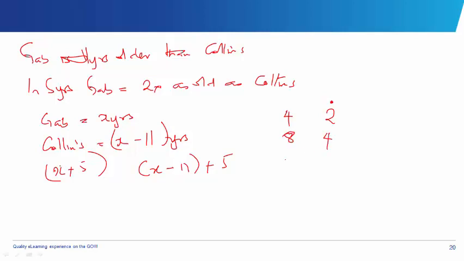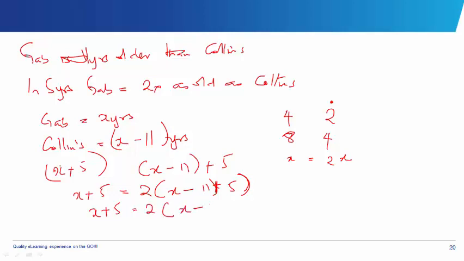To express it as an equation, this age will be 2 times that one. So x plus 5 equals 2 multiplied by x minus 11 plus 5, everything in brackets. That means x plus 5 equals 2 times x minus 6. Opening the brackets, x plus 5 equals 2x minus 12.